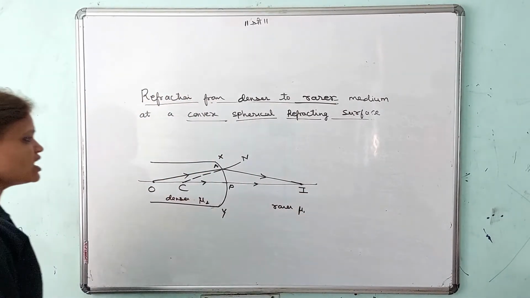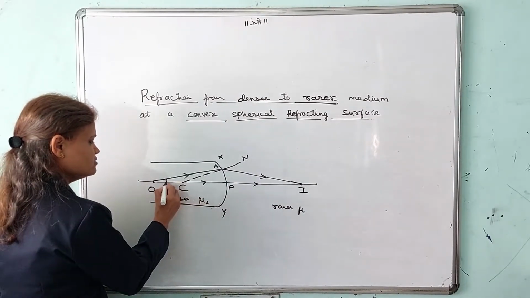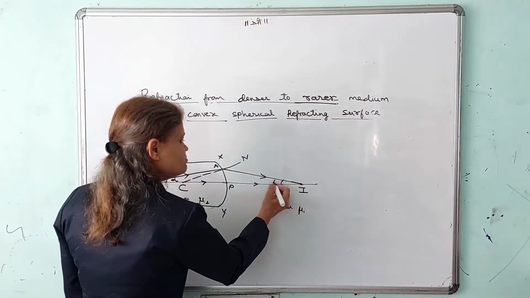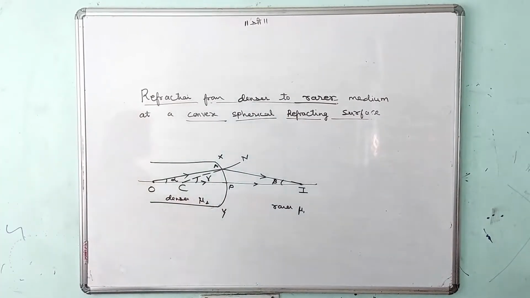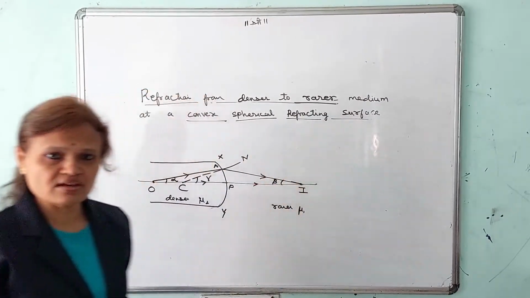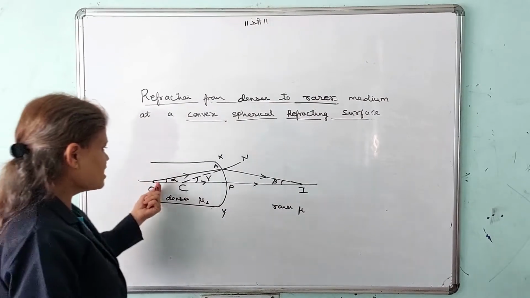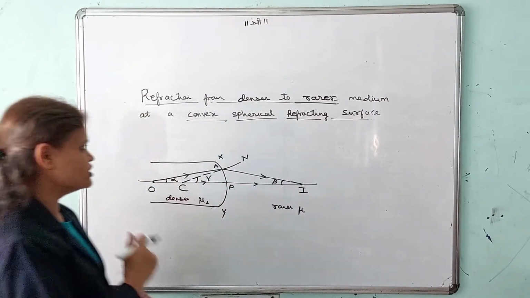Now again we are going to mark the angles. This angle is alpha with the object, with the image it is beta, with the center of curvature it's gamma. Once you understand the basic things in refraction at spherical refracting surfaces, all others are like we did previously. After we mark these angles alpha, beta and gamma, we use the exterior angle property.